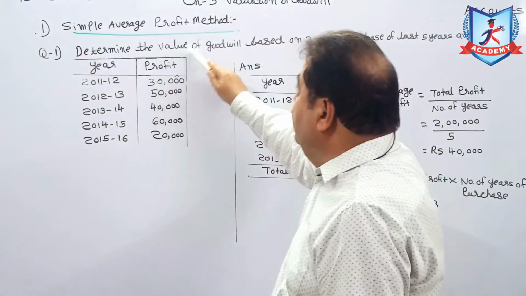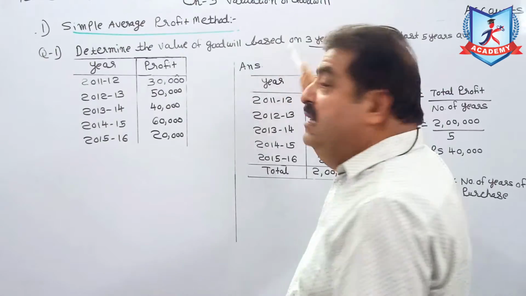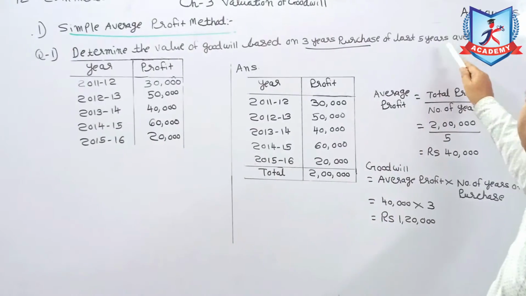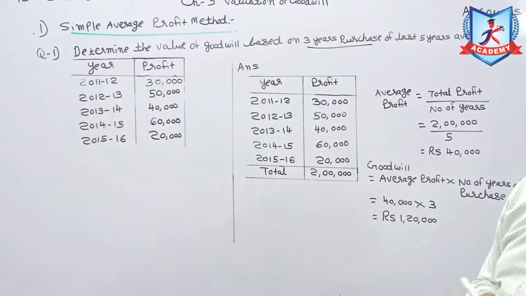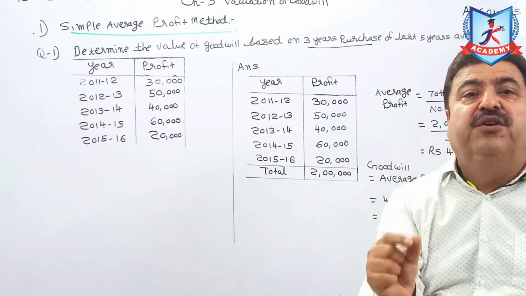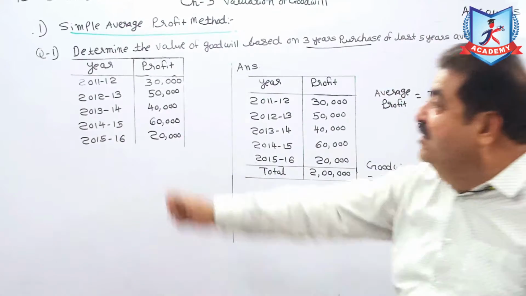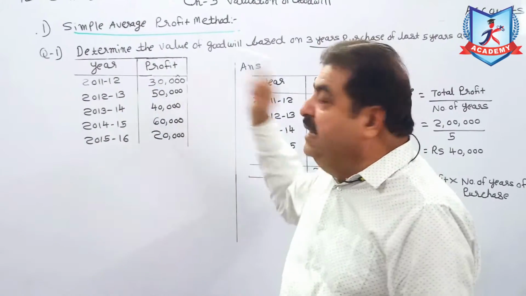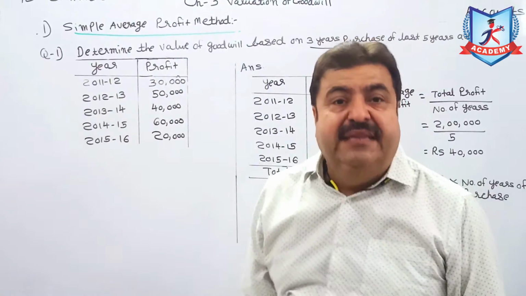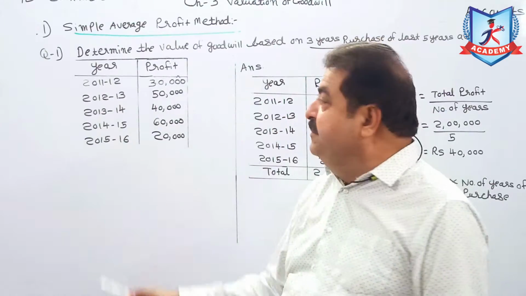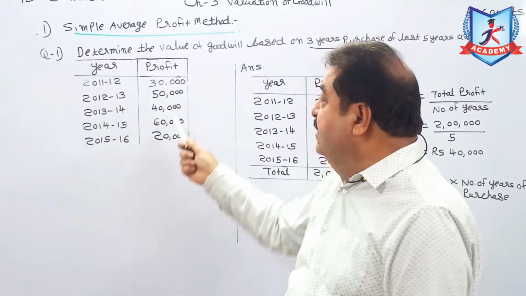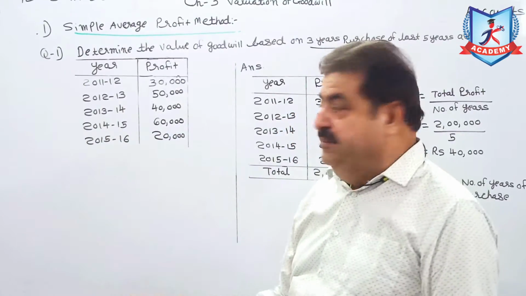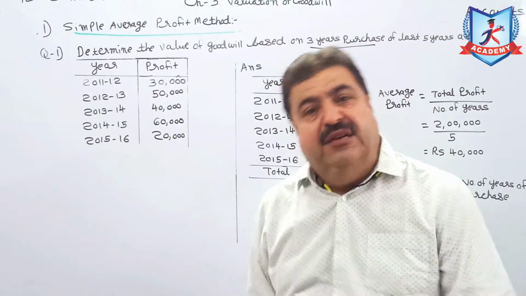Determine the value of goodwill based on 3 years purchase of last 5 years average profit. So you have to calculate the average profit of last 5 years. The profits given are: 2011-12, 30,000; 2012-13, 50,000; 2013-14, 40,000; 2014-15, 60,000; 2015-16, 20,000.